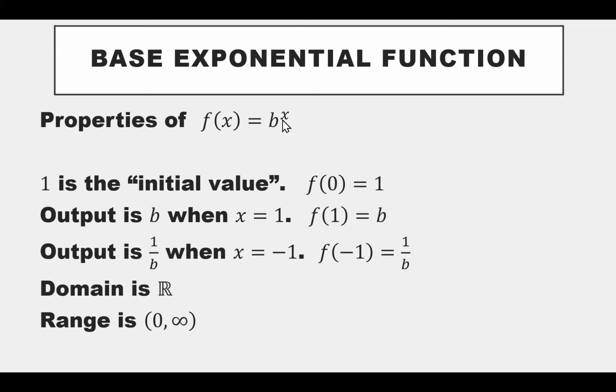Also notice that if we put in the value of x equals 1 as our input, then we get b to the first power. So f of 1 is going to be equal to b to the first power, or just b. Similarly, when we plug in a -1, we end up with the reciprocal of b, 1 over b.